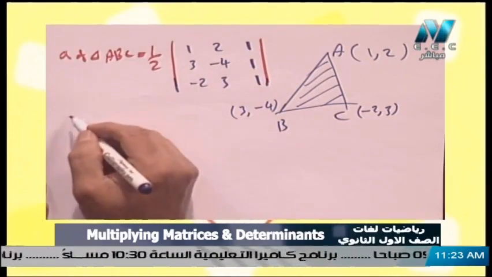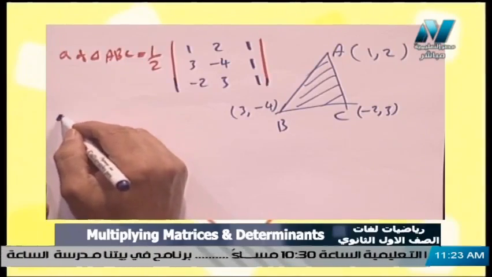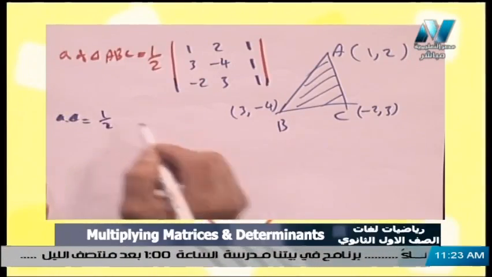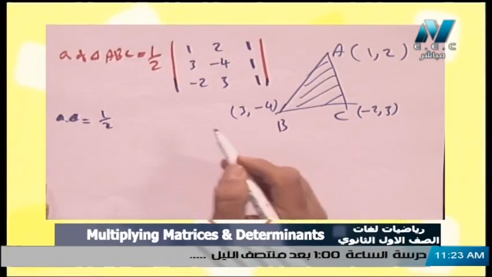Let's go now. The area of the triangle equals half multiplied by what?